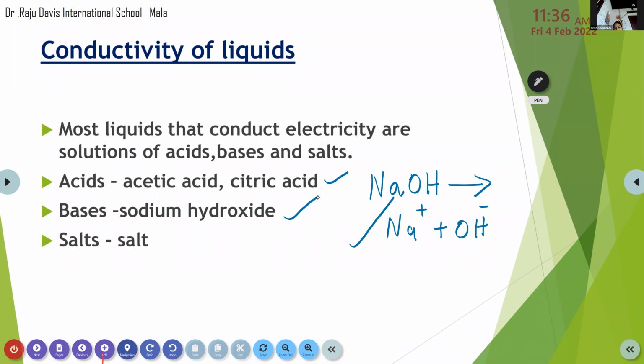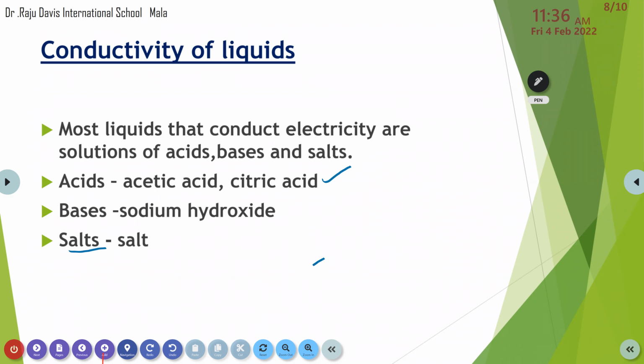And what is meant by salt? Any salt, common salt that we use in our daily life, every day. What is the chemical name for this salt?